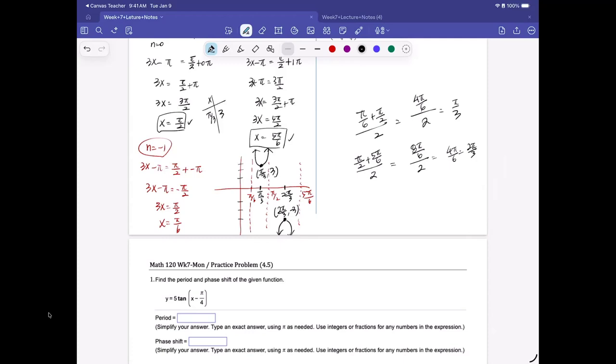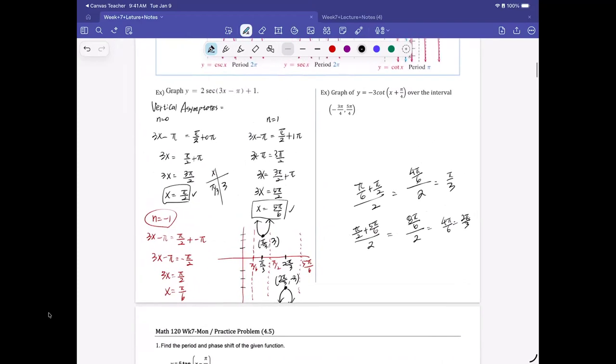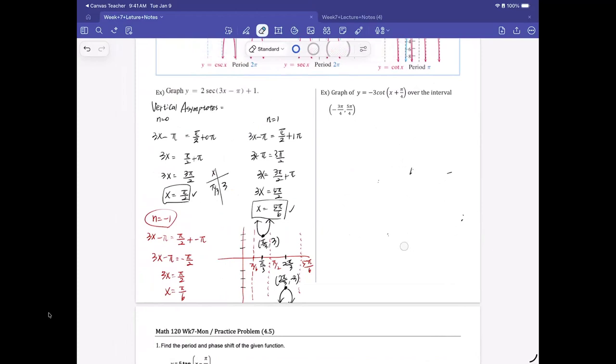So for secant or cosecant, we need to have vertical asymptotes. There is no x-intercept, as you can see. But cotangent or tangent has the x-intercept. So for this one, I'm going to start with the x-intercept. The x-intercept is when x plus pi over 4 equals pi over 2.